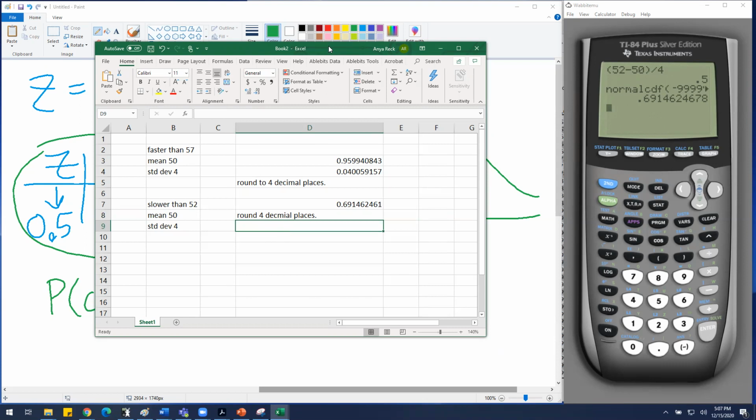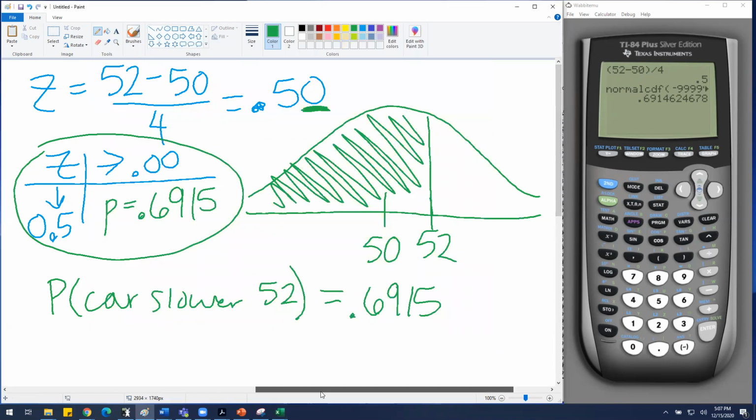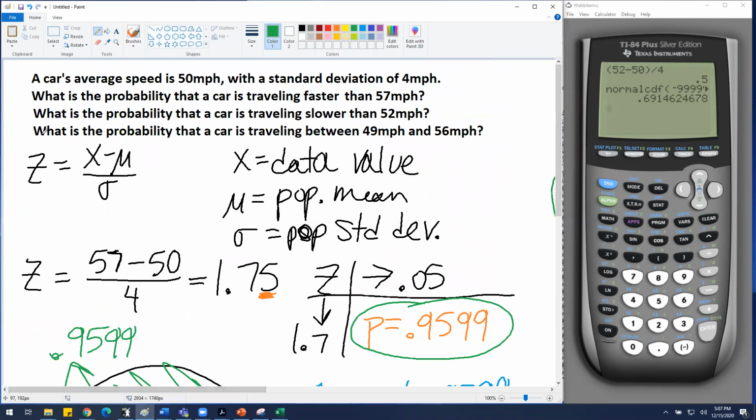All right, next part of the question. What is the probability that a car is traveling between 49 miles per hour and 56 miles per hour? We have two values to find, 49 and 56. So that means we need two z-scores.